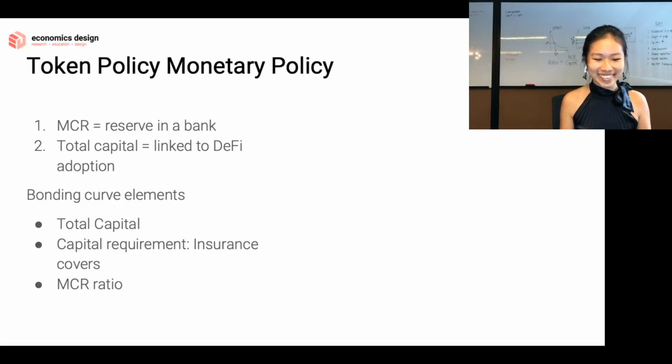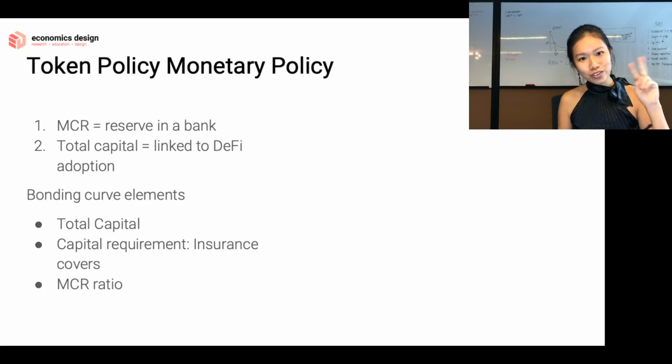How cool is that? Because of that, we're going to look at three elements in the bonding curve. The first, as you can imagine, is the total capital. The second is the MCR, the capital requirement. This is important because in case anything happens, this minimum capital can be used to cover the insurance. And lastly, the MCR ratio.